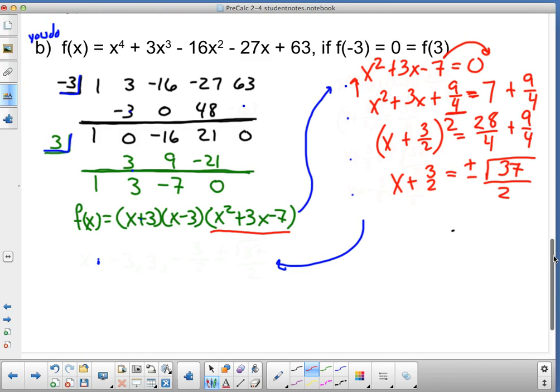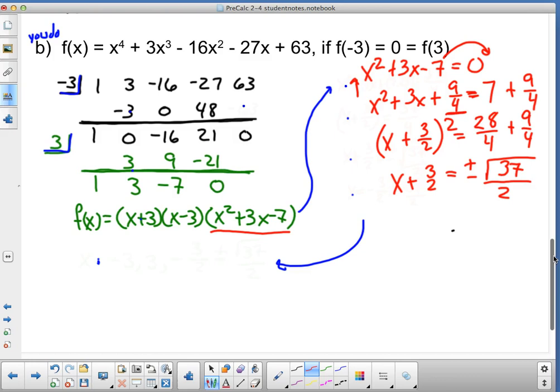Are you doing okay with what I did? I combined the 28/4 and the 9/4. I took the square root of both sides, and in doing so, the square root of 4 in the denominator is 2, so I just yanked that out from underneath the square root. I can't do that with the 37, so that's why I did what I did, leaving it underneath, but it's plus or minus because either positive or negative would work, okay?